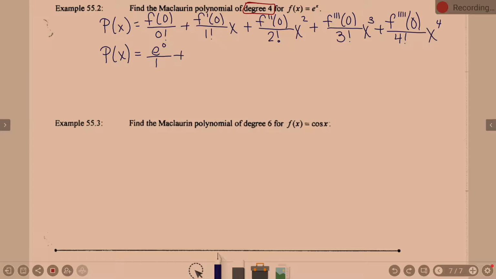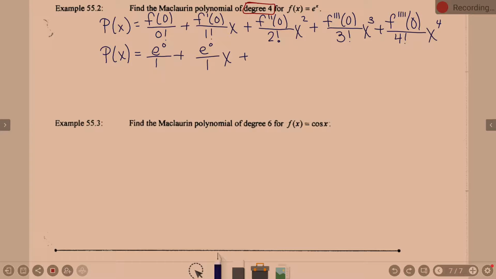Okay, derivative. What is the derivative of e to the x? E to the x. We're substituting 0, and we're doing again e to the 0. 1 factorial is 1, times x. Obviously, I'll clean up later.